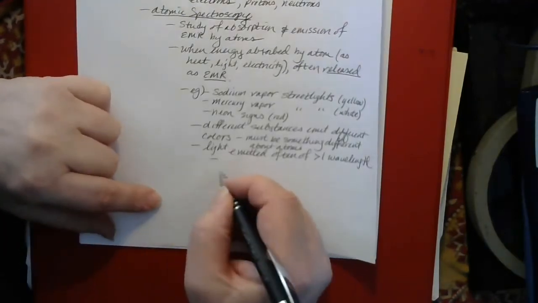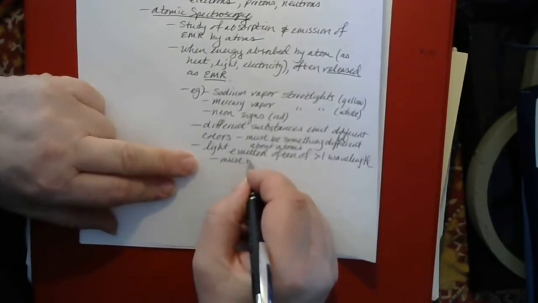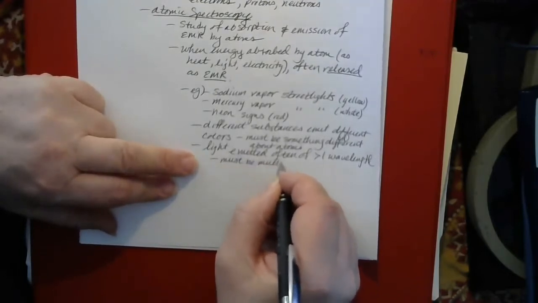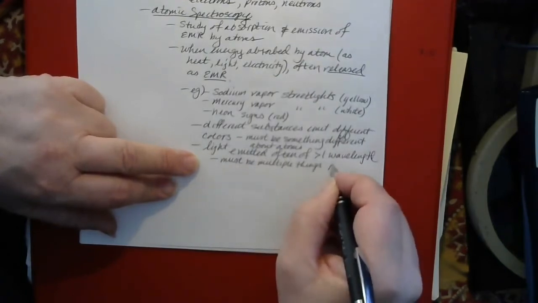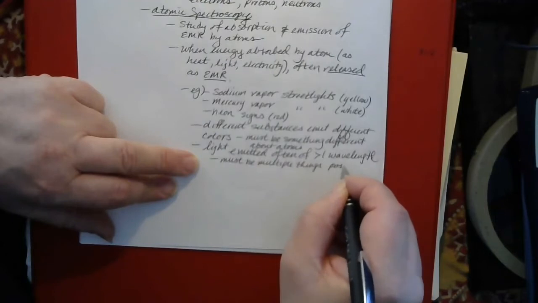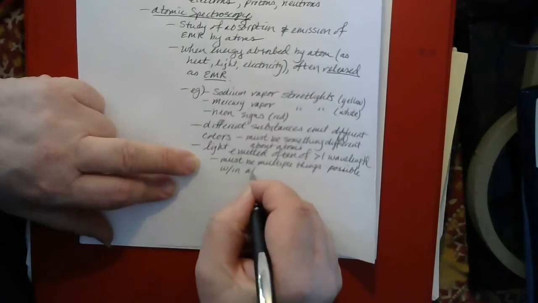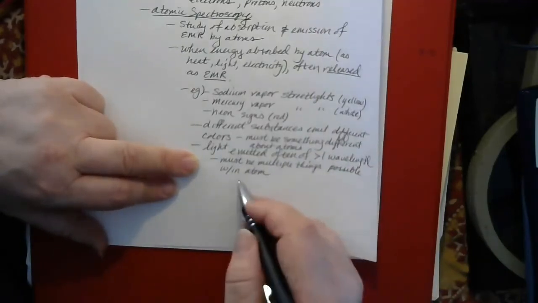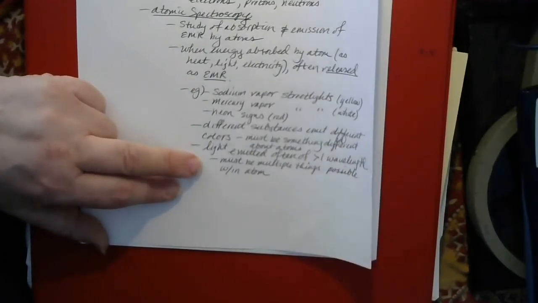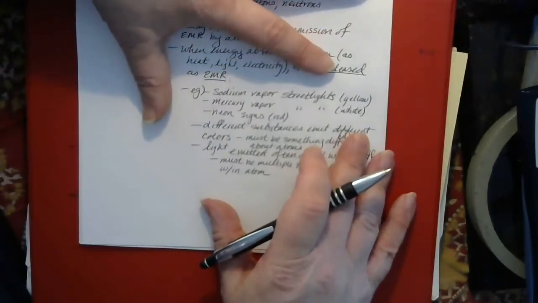And so there must be multiple things going on within an atom that allows that. So there must be multiple things that are possible to go on inside the atom that would result in the release of more than one wavelength of electromagnetic radiation.